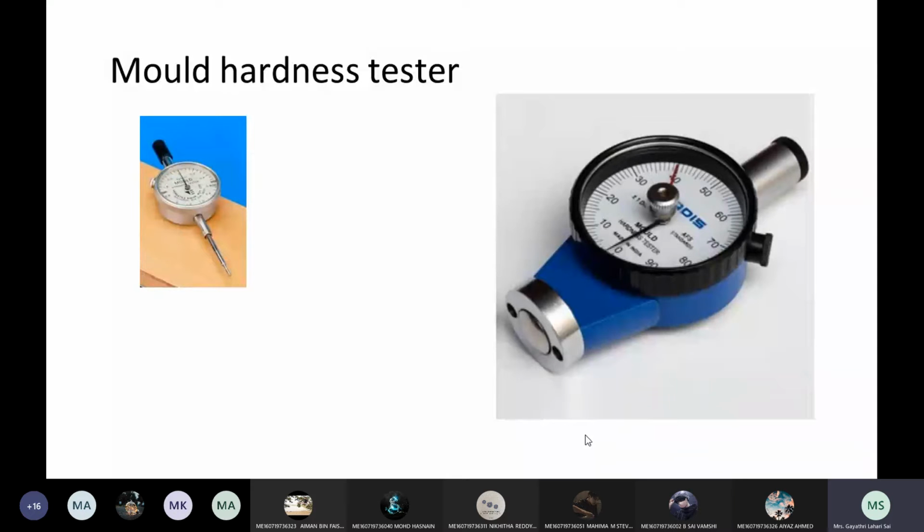Just like your Brinell hardness, Rockwell hardness, Vickers hardness, there is a separate equipment for measuring the hardness of the sand specimen, right? The ball indentation mass will be 0.9 kg. Ma'am, sand is porous, so there is no chance of hardness.